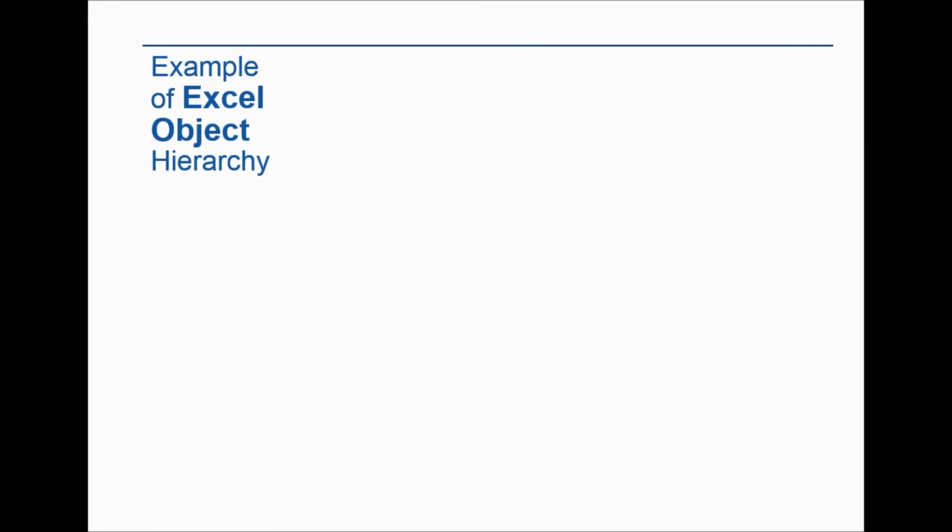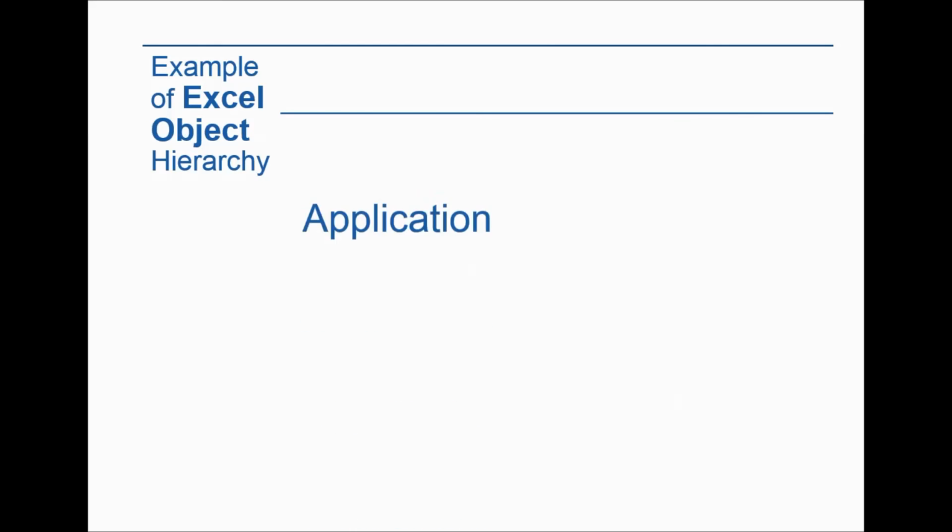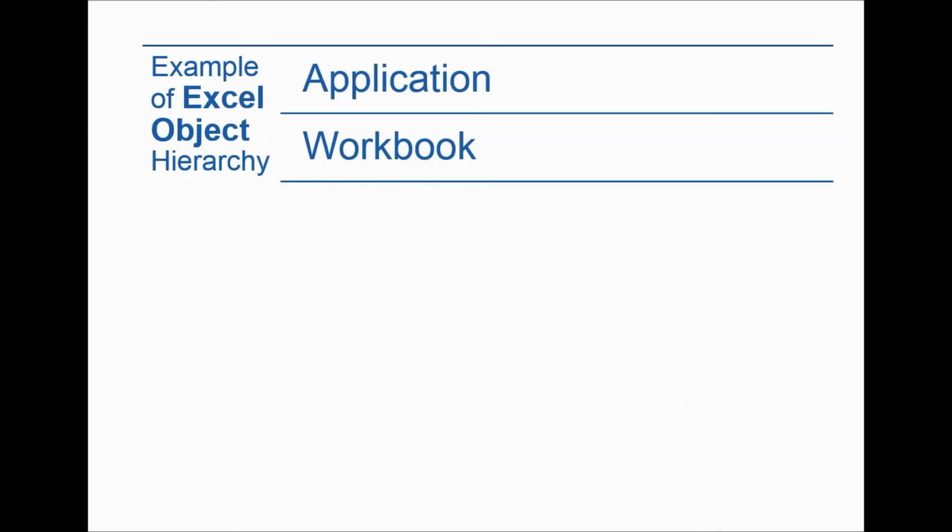But before that, I would like to tell you a small point that is very important: understanding the hierarchy of Excel objects. The hierarchy of Excel objects works like this: application. Application means it can be Excel, PowerPoint, or Microsoft Word. In this case, it will be Excel. Then we have a workbook. All of you know what a workbook is.